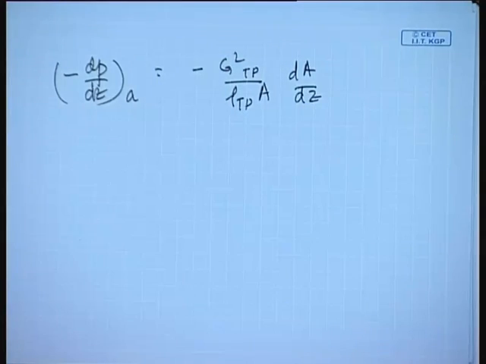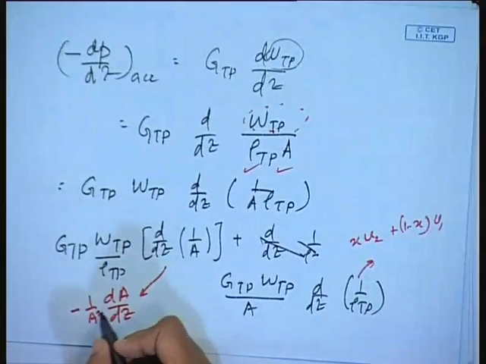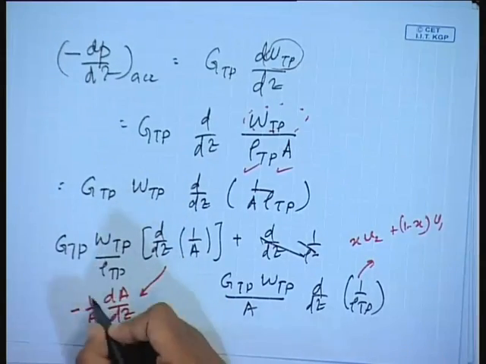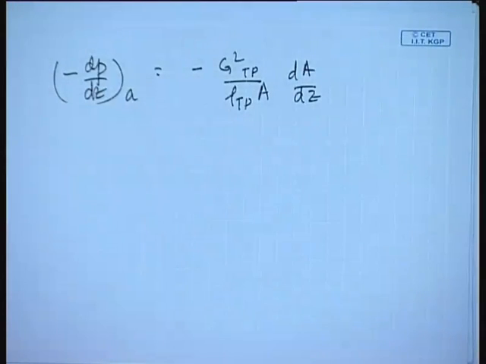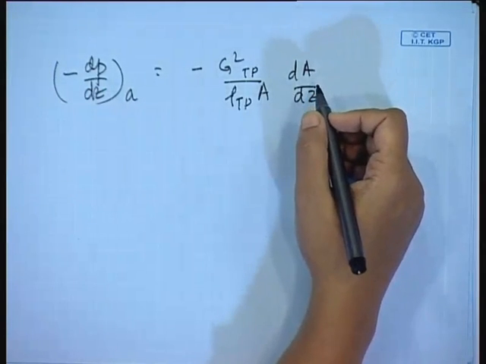One of the A's has been taken up here, one of the A's has been taken up with W_TP to give you a G squared, and one of the A's is remaining. Okay.